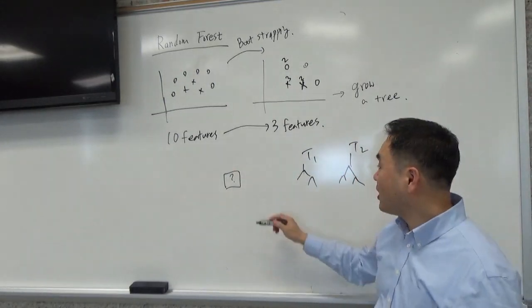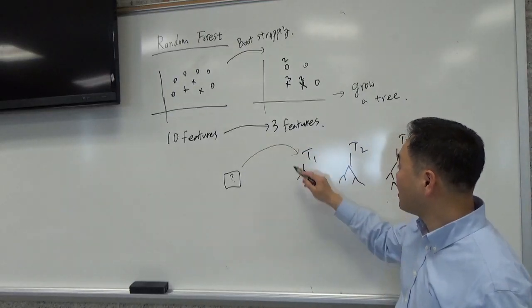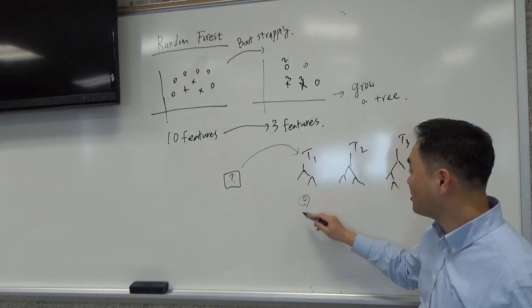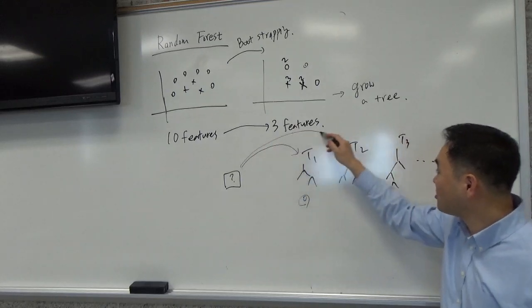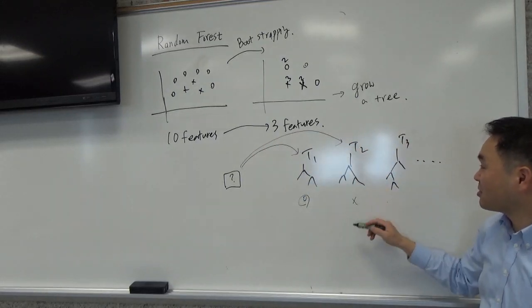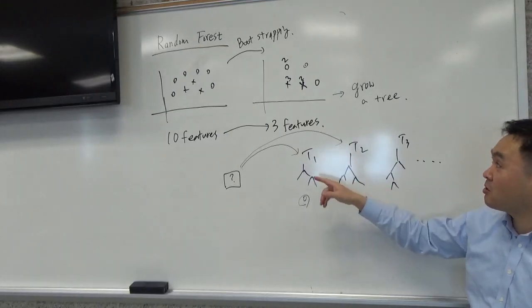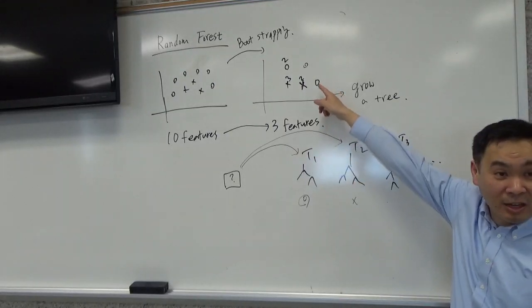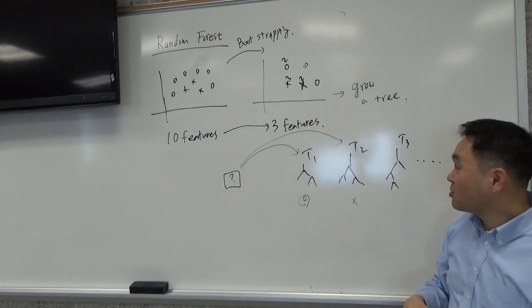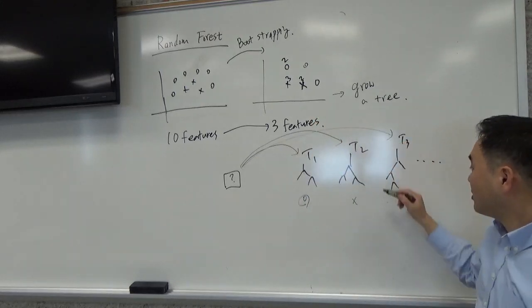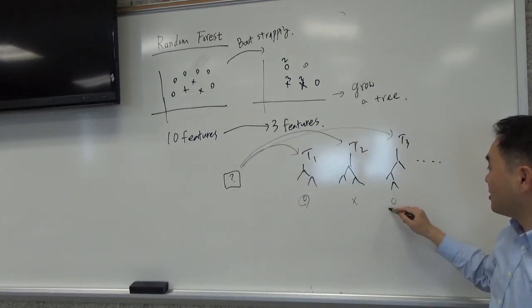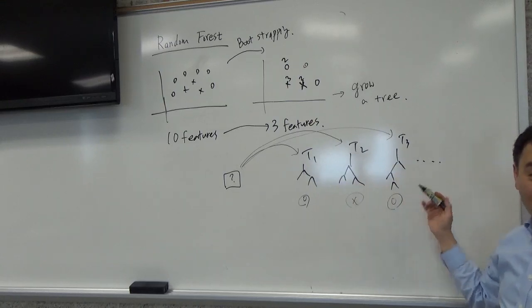And then you go through the first tree, it says, oh, this guy's an O. You send it to the second tree and it says, oh, this guy's an X. They would come up with different answers because they're trained with different data and different features, right? So you would have different conclusions coming from different trees.